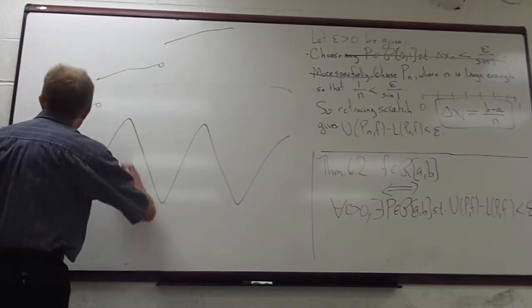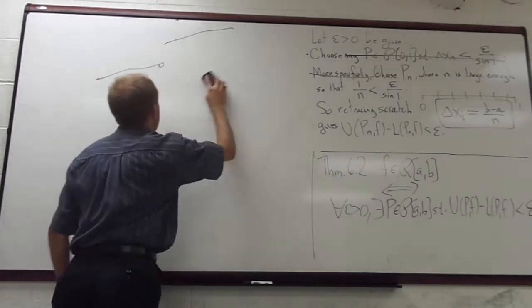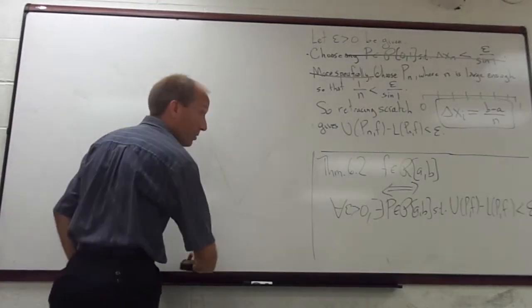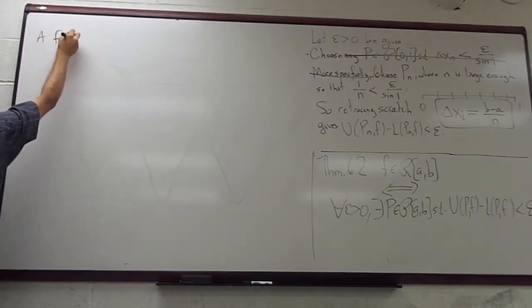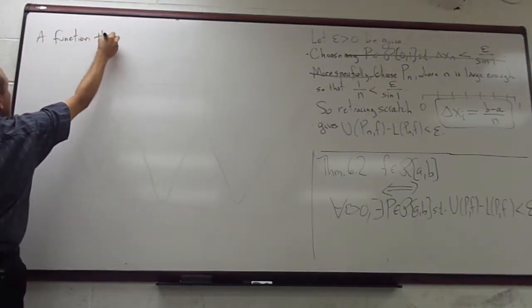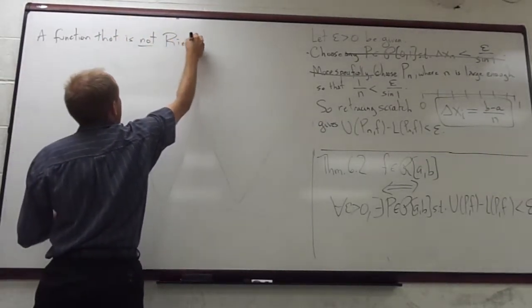So I guess that begs the question, can somebody remind me what would be an example of a function that is not Riemann integrable? You just want an example? Yep, I want an example.